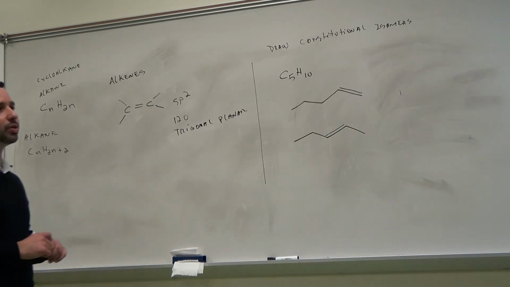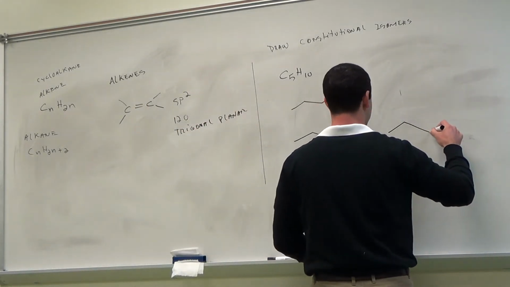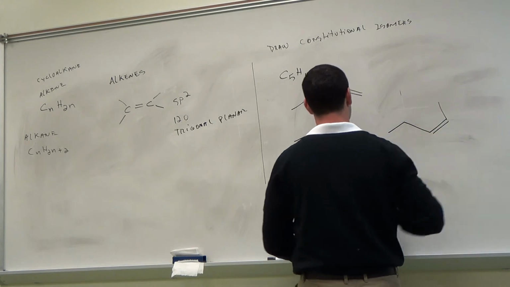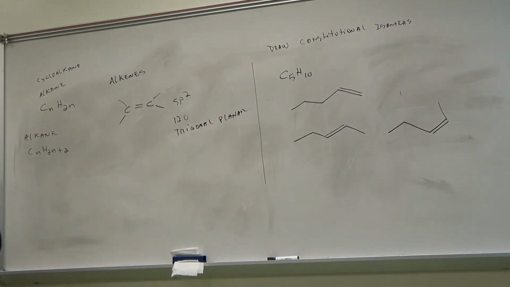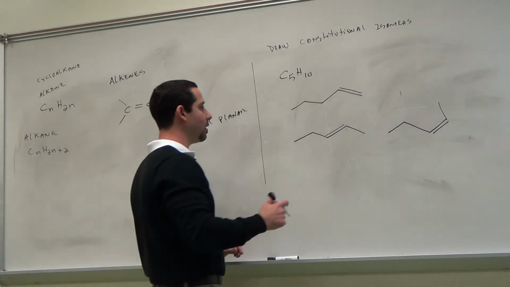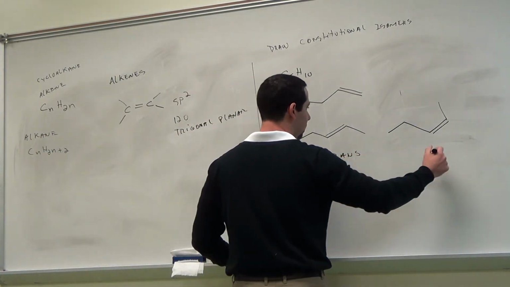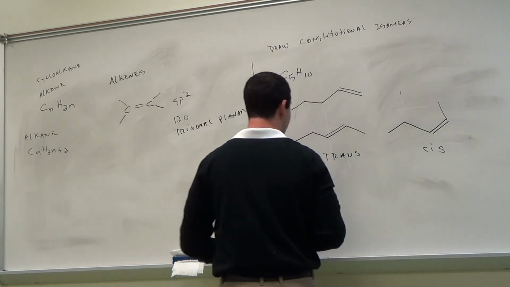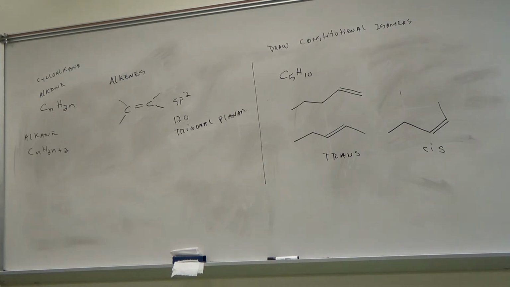Now, I'm going to tell you there is a difference between this double bond and this double bond. On the third. Yeah, you draw that. There's a difference. This double bond here is called trans, and I'm not telling you why. And this is called cis. And cis most of the time means what?